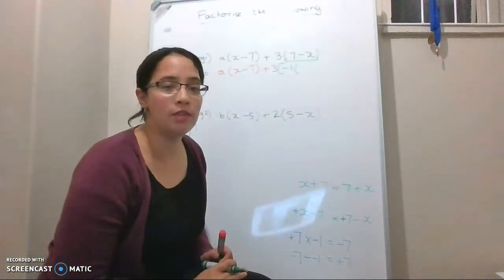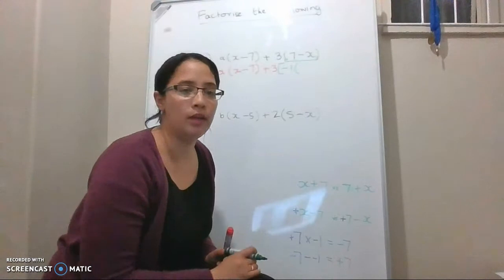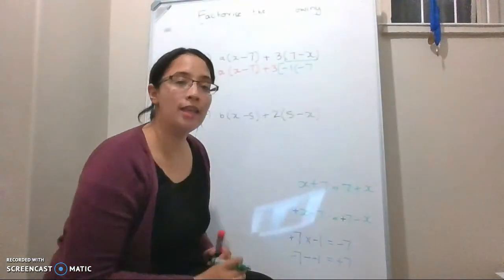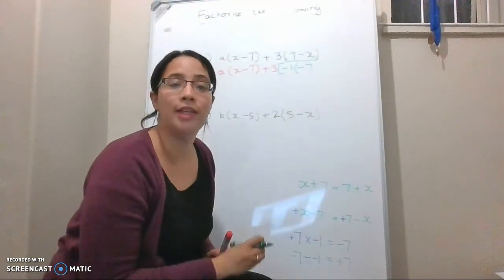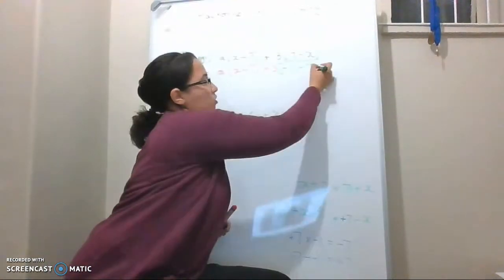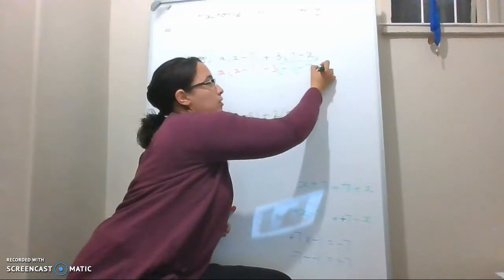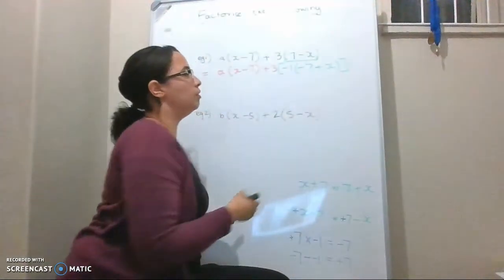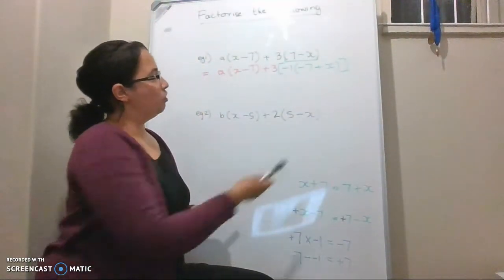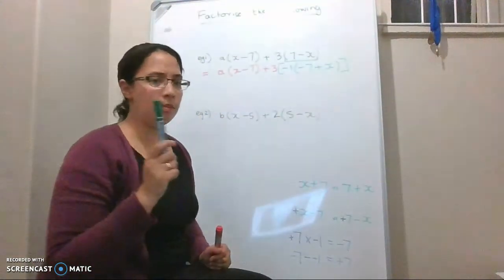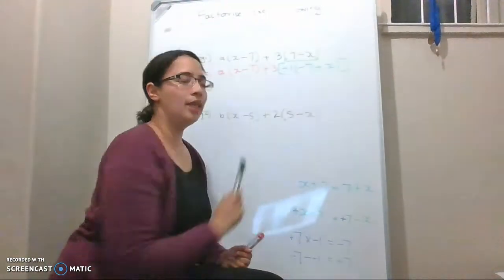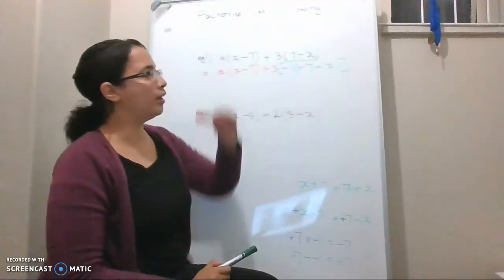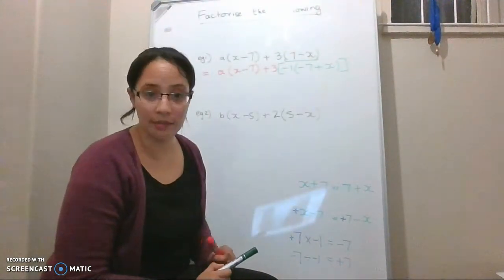What's positive 7 divided by negative 1? That gives negative 7. What's negative x divided by negative 1? That gives positive x. Now I'm going to put this in square brackets. This is the part I've changed. But if I multiply that negative 1 back into this bracket, I haven't changed anything, because I just get 7 minus x again.